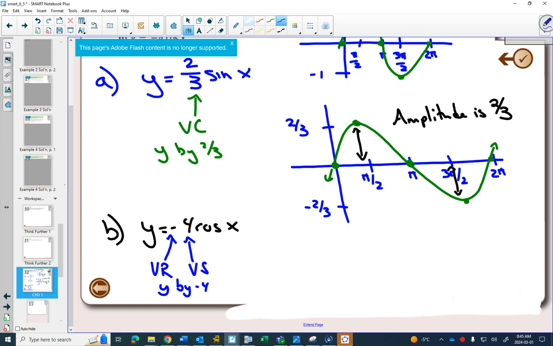So in your head, you would say, I know what my regular cos graph looks like. I'll draw my axes family, and go up to 1 and down to -1. This is my regular cos graph. It starts at a maximum, then center line, then minimum, then center line, then maximum.